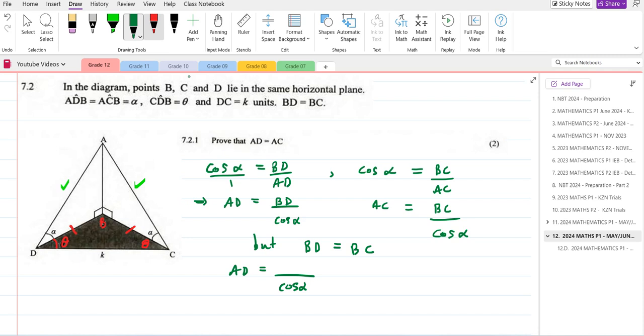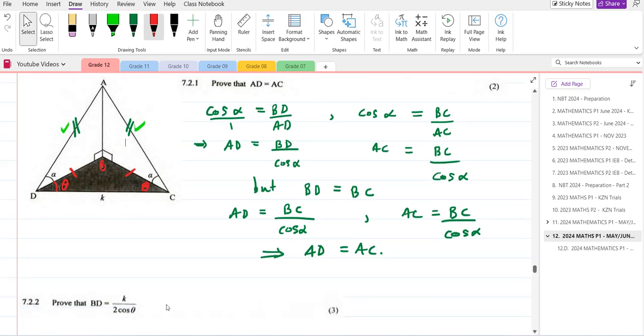So we're going to say AD is BC over cos alpha, and AC is also equal to BC over cos alpha. This implies AD is equal to AC. I hope you guys understood that. So we know that AD is equal to AC. Perfect. Next one.